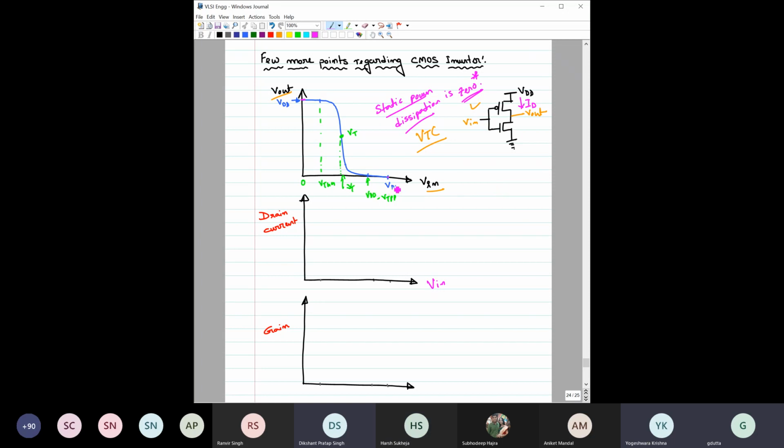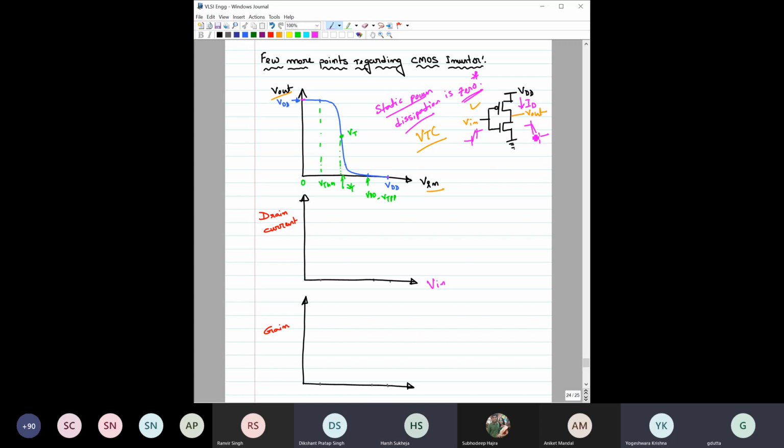Then that depends on the delay. Suppose you were giving some input, the input also has some delay, right? So obviously this is the transition time at the input side. And on top of this, there is an RC delay as well. So this we will discuss later on. Don't worry. So definitely there will be a significant delay in this transition.